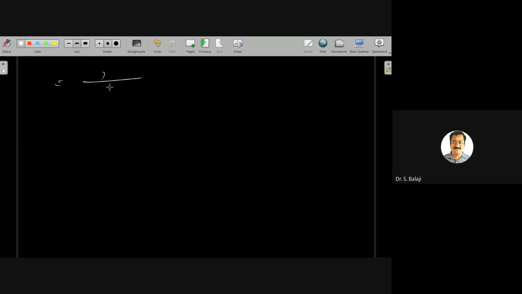But d by d plus 1, because the coefficient is 1. So 1 by d plus 1 square minus 2 times d plus 1, but d dash is d dash only, plus d dash square.